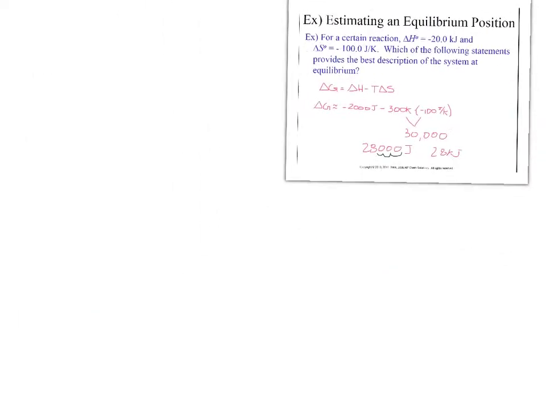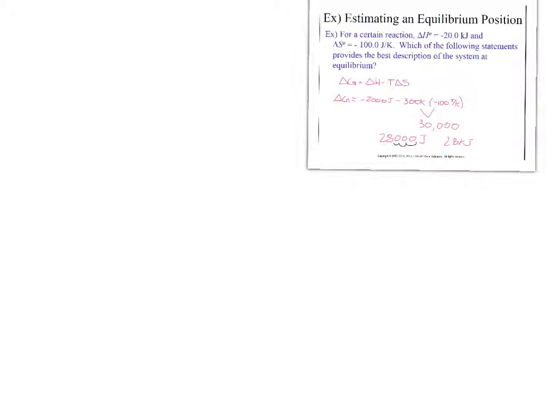All right, so E then, it's going to be K is equal to E raised to the negative delta G divided by RT. And our R, that's 8, our T, that's 300, so that number down there is going to be 2,400.